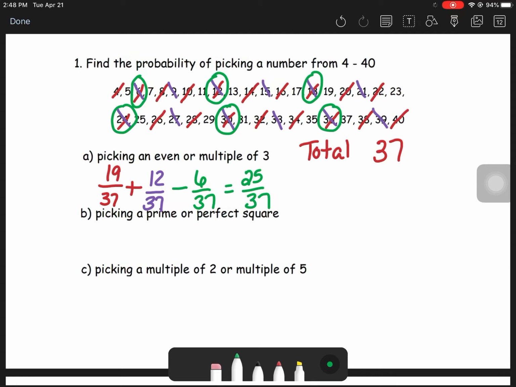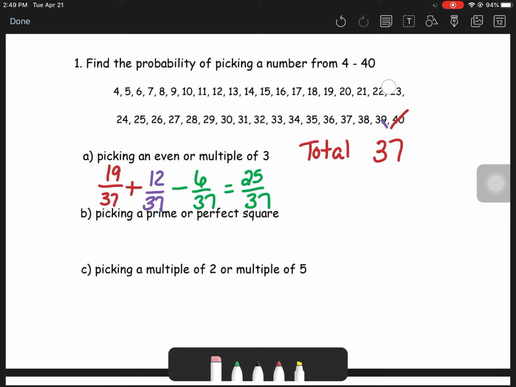So next it says let's pick a prime number or a perfect square. So I'm going to erase my marks on here and we're going to start over with our numbers and we want to pick prime. Now remember, prime numbers are those that only can be divided by 1 and itself.